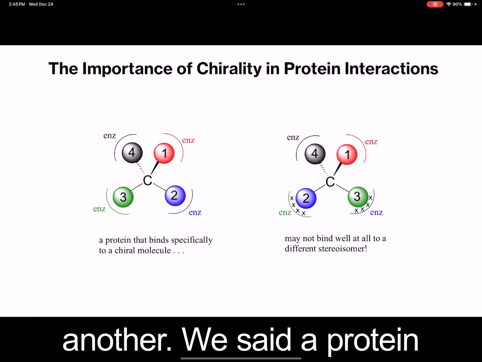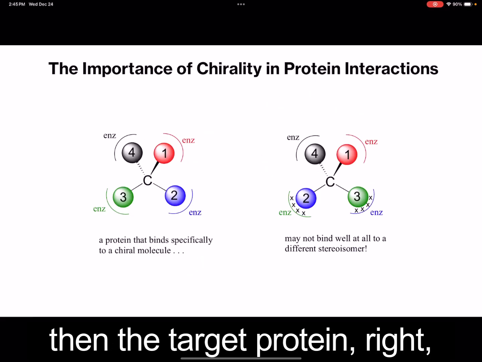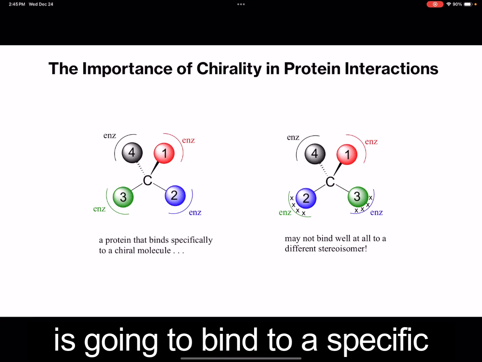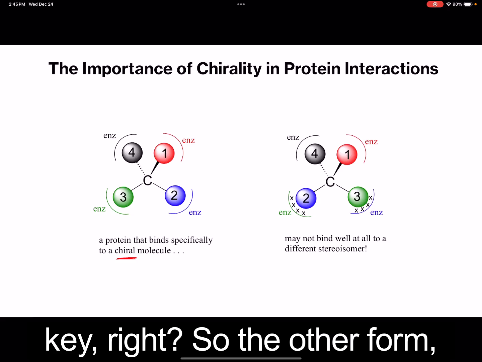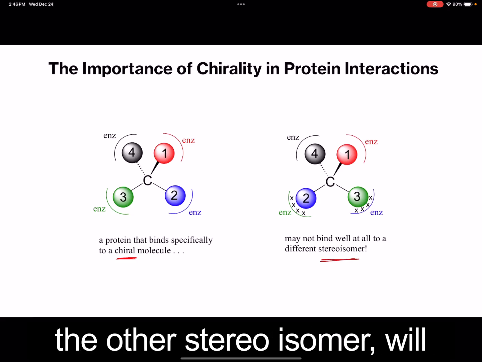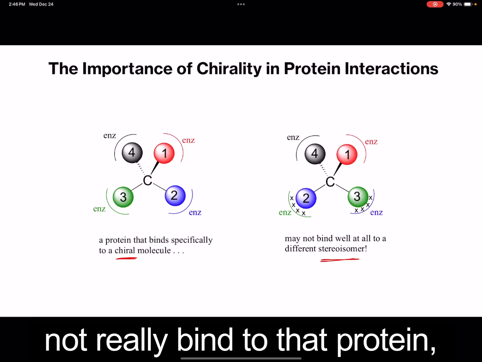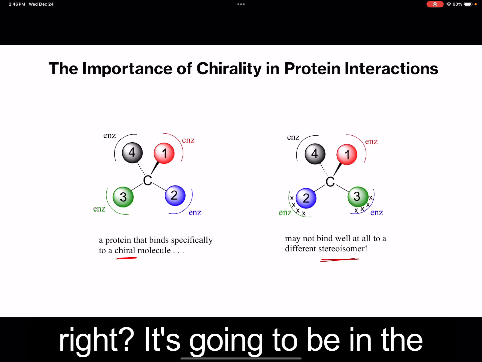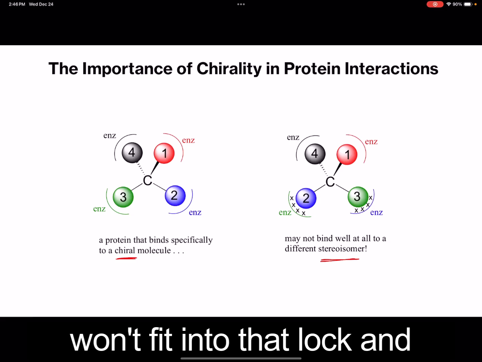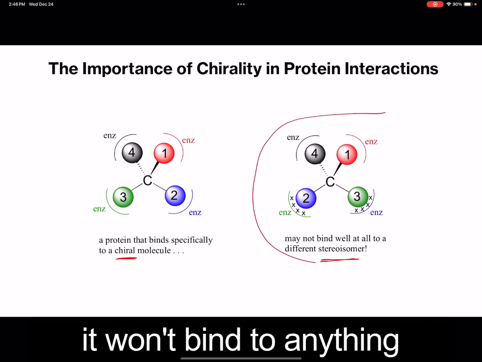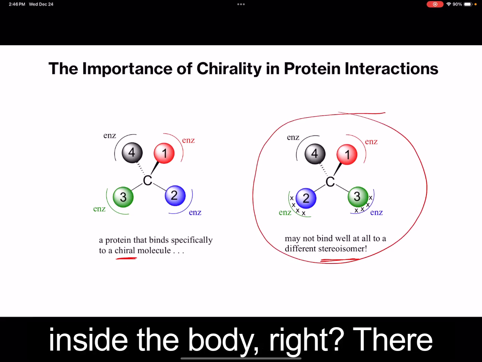We said a target protein is going to bind to a specific chiral molecule. It is like a key, right? So the other stereoisomer will not really bind to that protein. It's going to be in the wrong shape, and it won't fit into that lock and key. But it doesn't mean that it won't bind to anything inside the body.